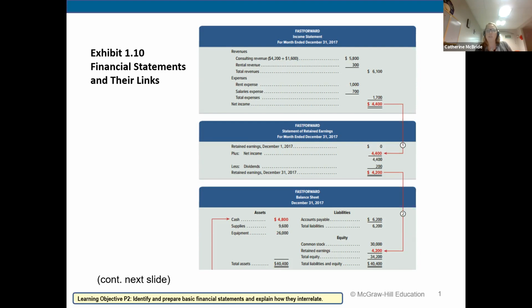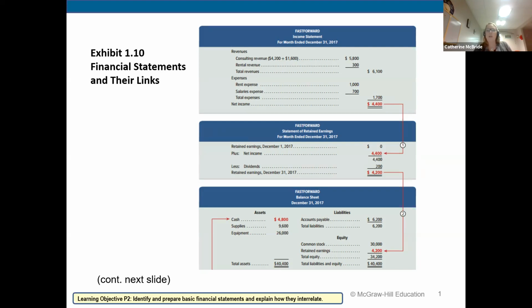So we have our beginning retained earnings plus net income. That number comes from the income statement, minus the dividends gives you your ending retained earnings. You have to complete the statement of retained earnings second, because retained earnings has to go on the balance sheet.